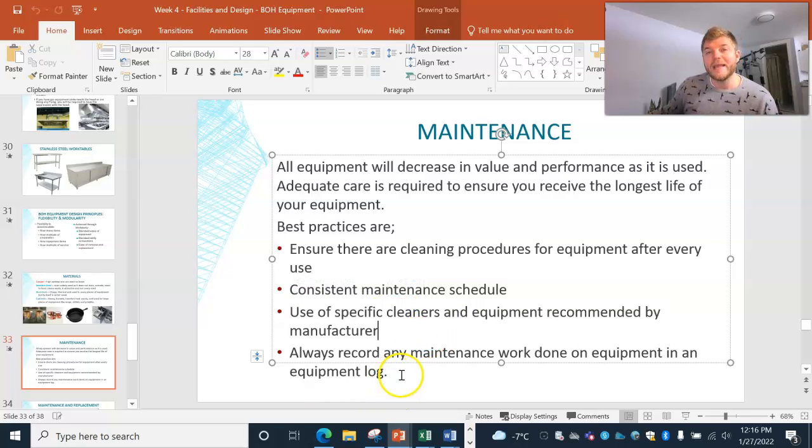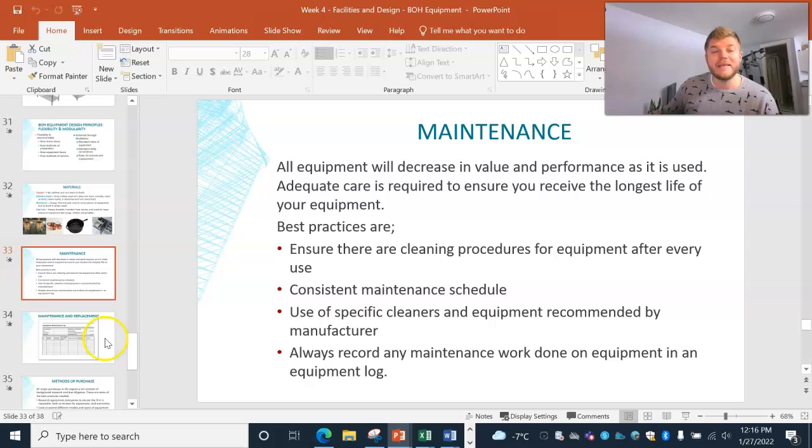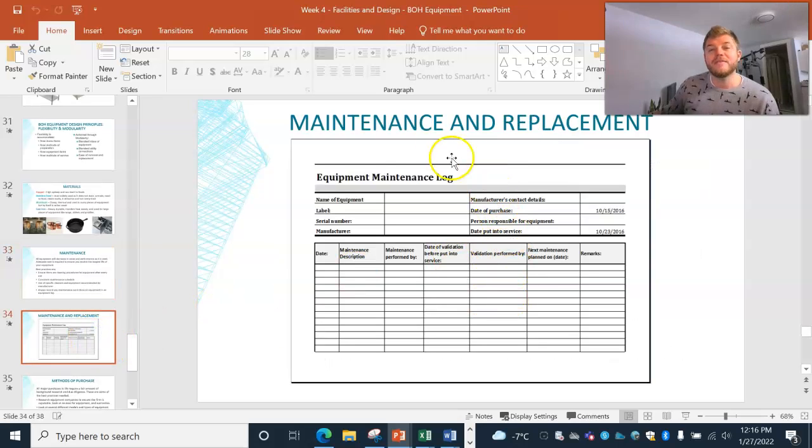And then also record any maintenance work on a maintenance log or equipment log. Ideally what you do is you have a binder that's just hanging from a wall inside plastic sheets, so they can pull it out and write this down as it goes through. So every time that you have to do some sort of maintenance on a piece of equipment, it is recorded.